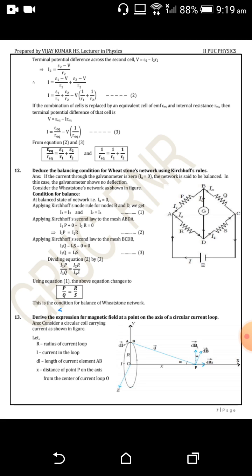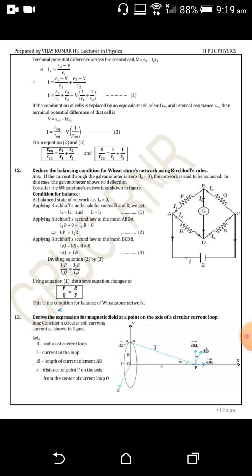Okay. So it is said that if the current through the galvanometer is 0, that is Ig is equal to 0, the network is said to be balanced. In this case, the galvanometer shows no deflection. So when do you say that the network is balanced?